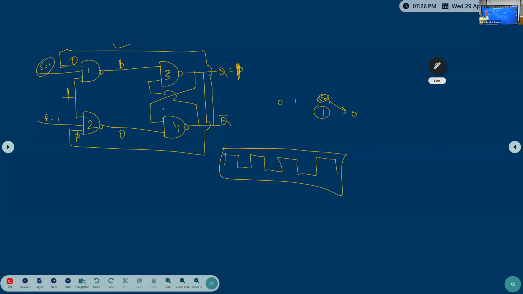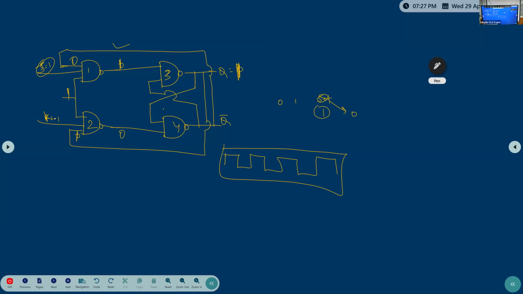Instead of S and R, they gave the names J and K. This is the JK latch. This is the story of the JK latch. In the JK latch we can go with all four possibilities. This is a complete latch, which has all four possible cases. So this is a JK latch.